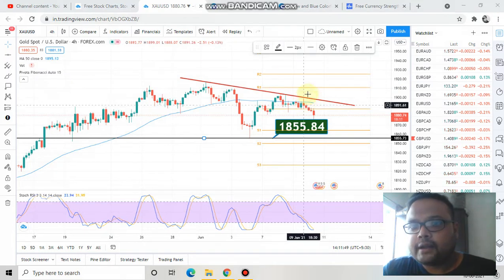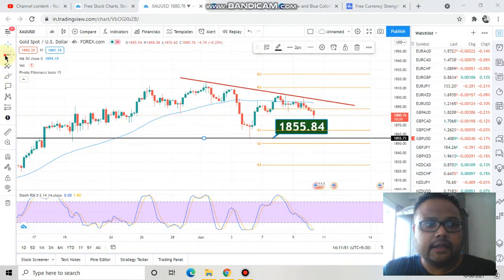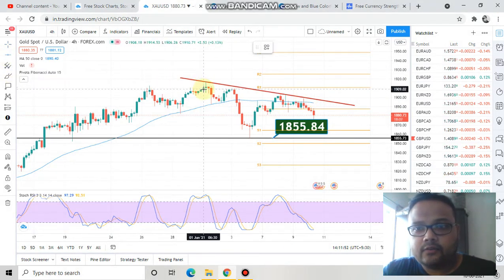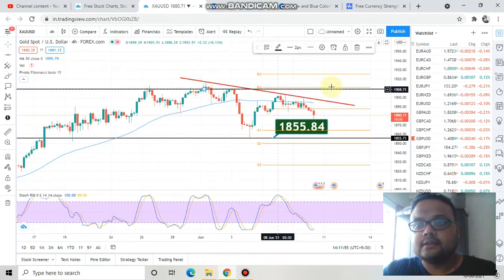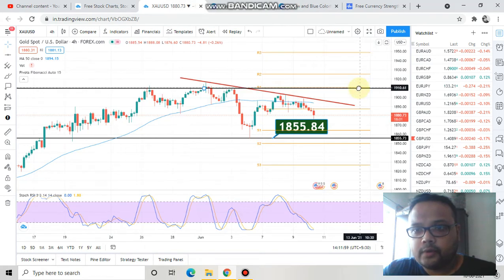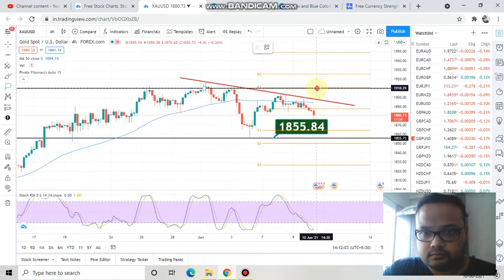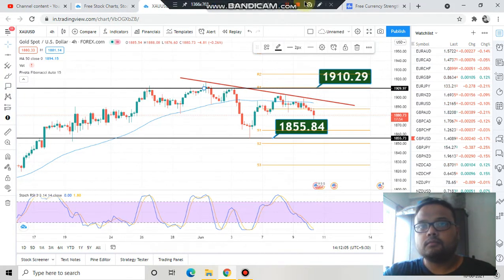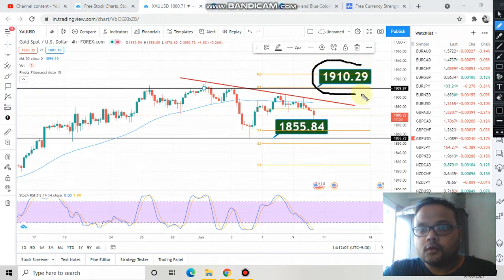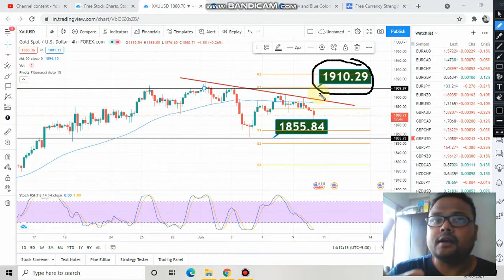If the market crosses this level, there is a possibility that it will face resistance at the 1910 level. Therefore, if the market crosses this red line, you should still not buy, because the market has another resistance available at 1910.